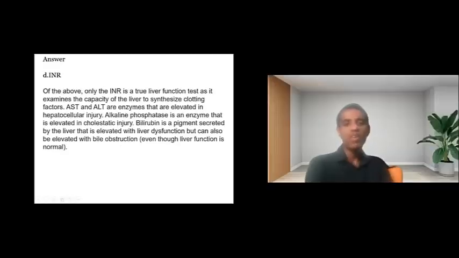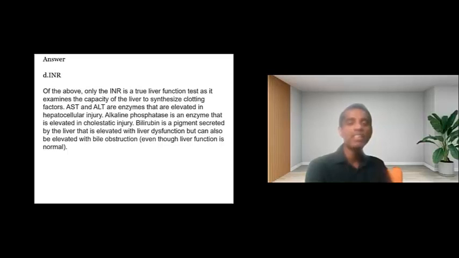Of the above, only the INR is a true liver function test, because the others are liver enzymes. AST and ALT are liver enzymes which can elevate in hepatocellular injury. ALP is an enzyme where, if there is a cholestatic injury, you will see high ALP and gamma GT.